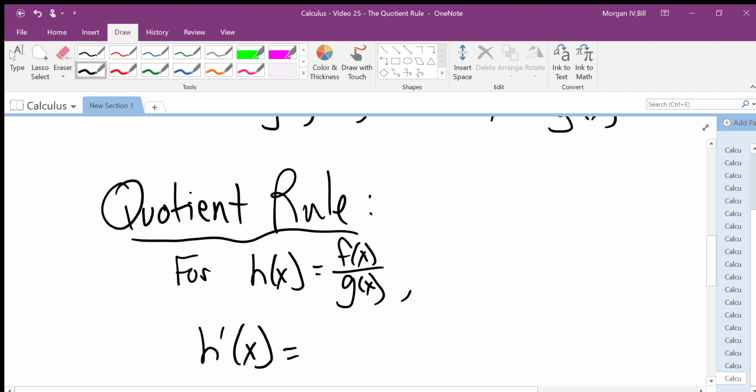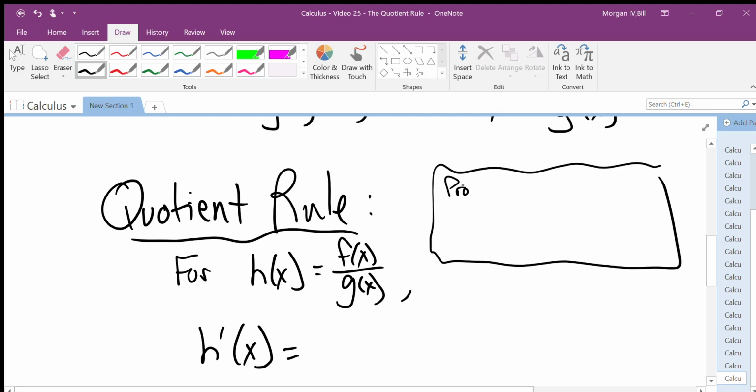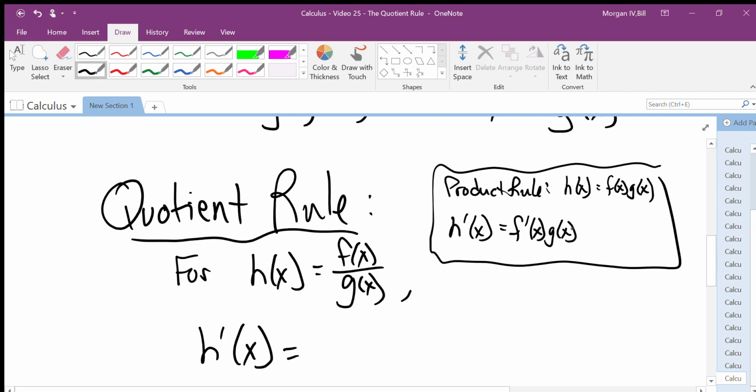Remember, the product rule is f prime times g plus f times g prime. Reminder, product rule: if you had h of x equals two functions, f of x and g of x, the product rule is h prime of x equals f prime of x, g of x, plus f of x, g prime of x. Right? That's the product rule.